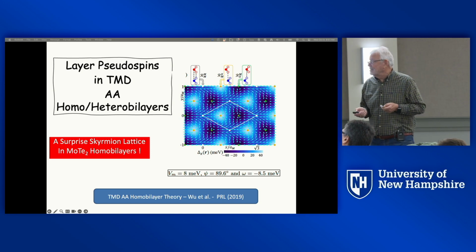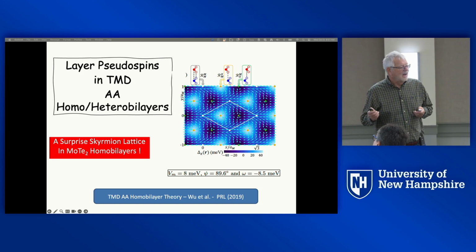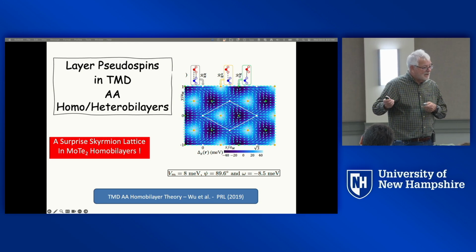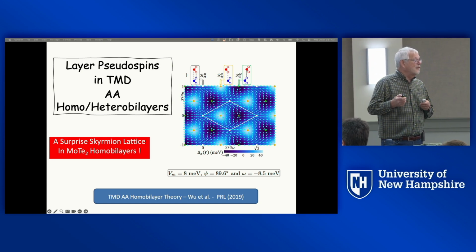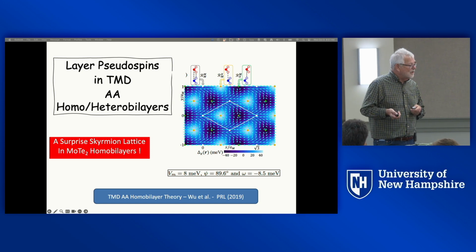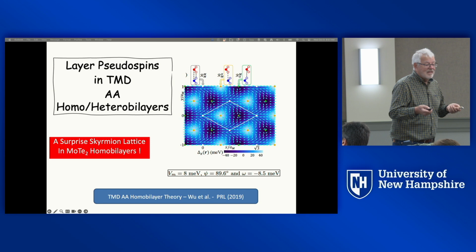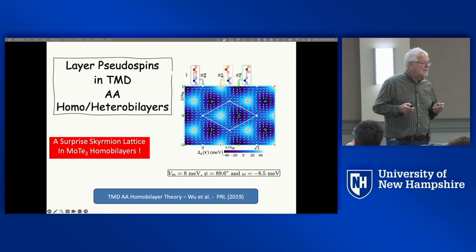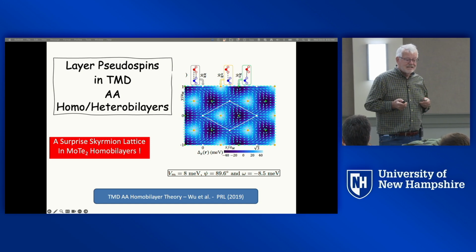In the case of magnetism, such magnetic structures for real spins are known. People refer to them as skyrmions, and if they're periodic, as skyrmion lattices. And as most of you know, skyrmion lattices are a subject in magnetism, in spintronics.